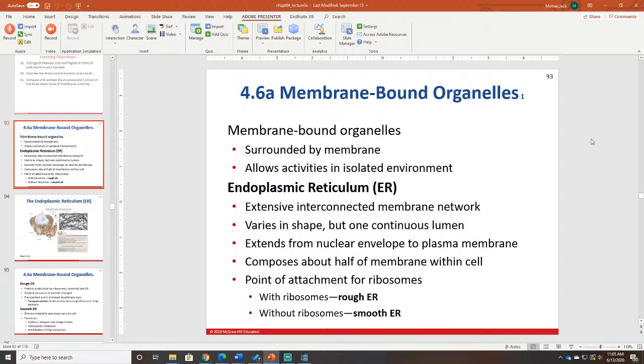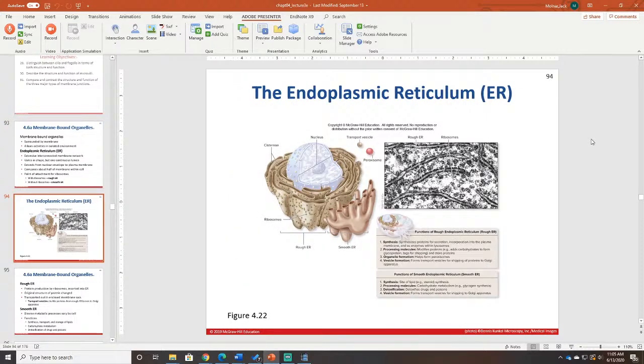It composes about half of the membrane within a cell, and it is attached to ribosomes. So the rough ER has ribosomes, and the smooth ER does not. Under a microscope, the ribosomes look bumpy, and so we say that the rough ER looks rough because of the bumps, and the bumps are ribosomes. And ribosomes will be involved in translating proteins or creating proteins.